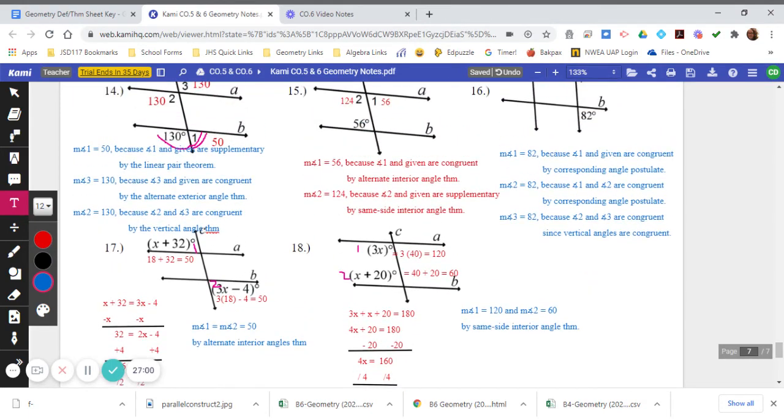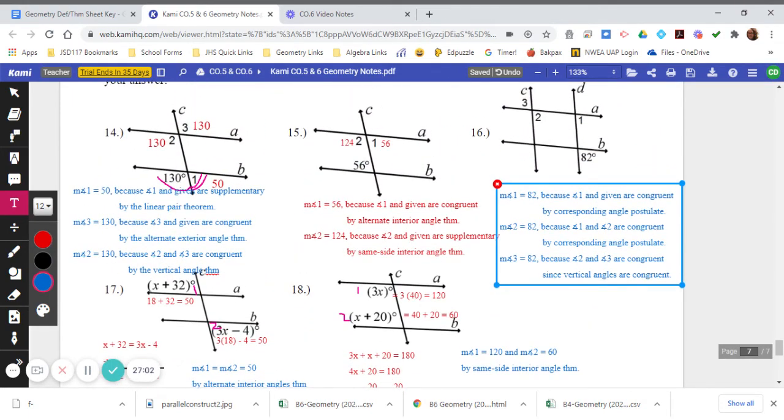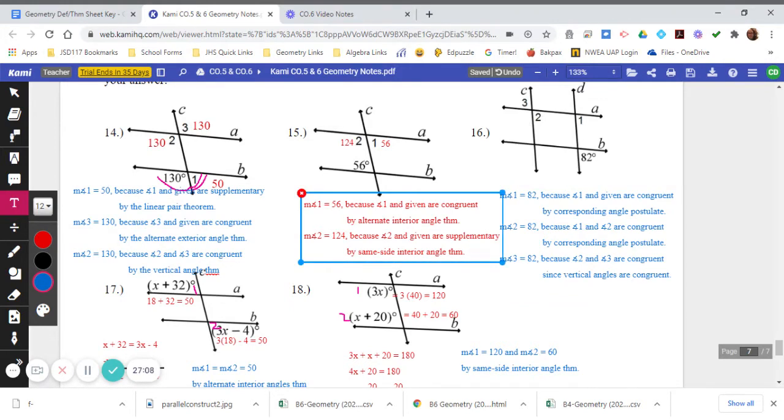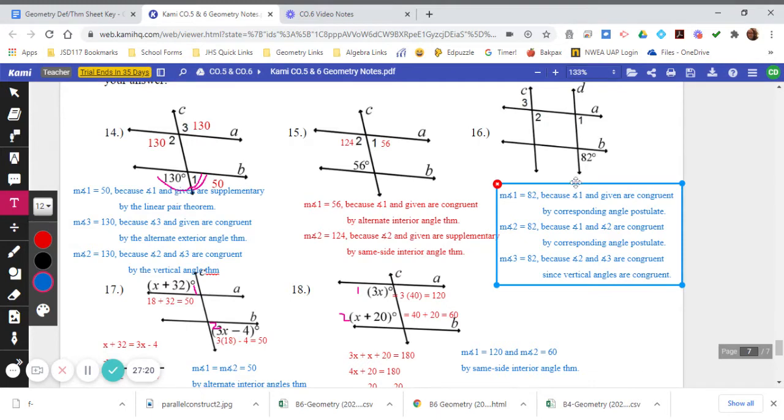So looking at the answers for these questions, I have angle 1 and angle 2 and angle 3 are all 82. This first set are going to be corresponding angles. So I said angle 1 and the given are corresponding angles.